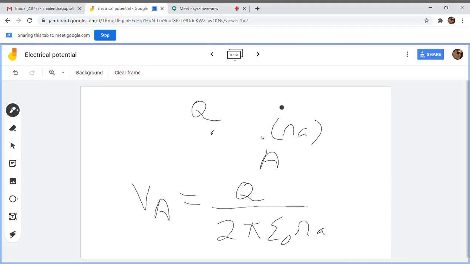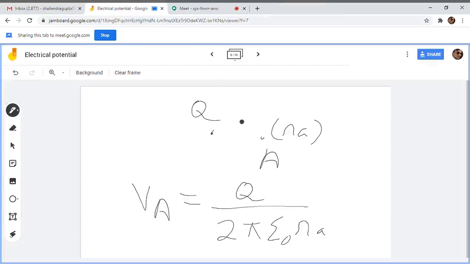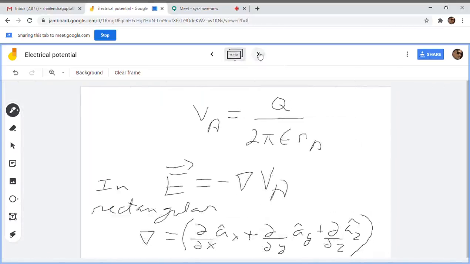But here, anywhere we take, we will directly talk about the radial distance between these two points. So this is a spherical coordinate system.